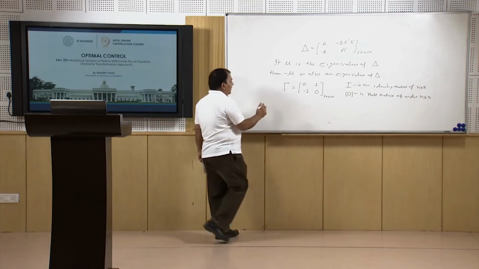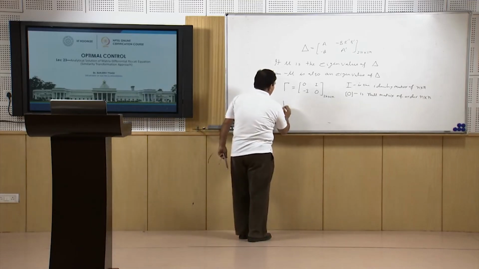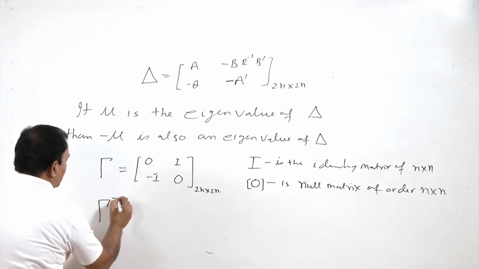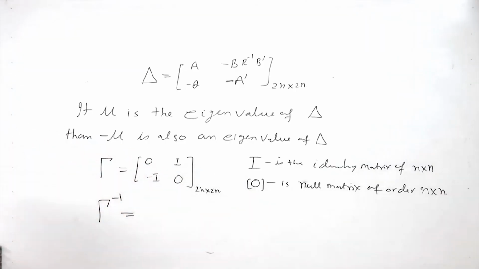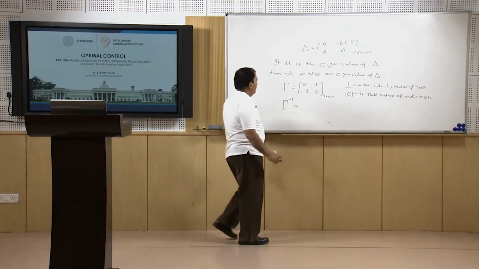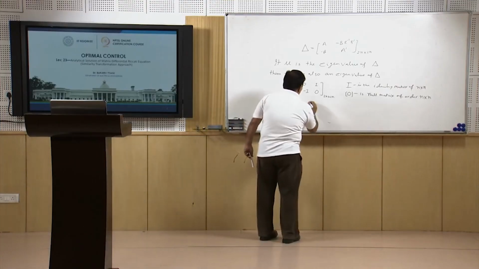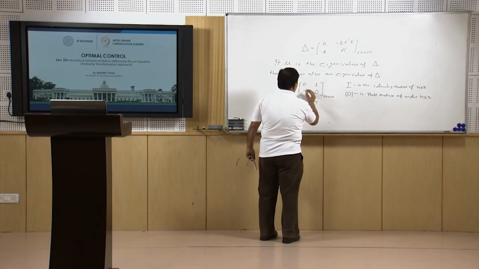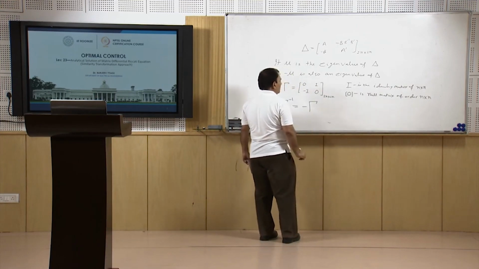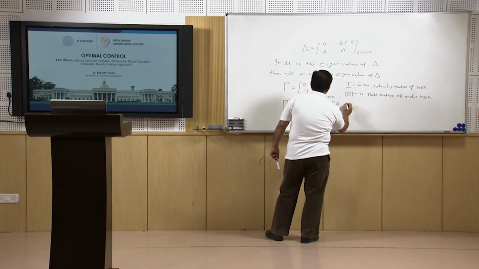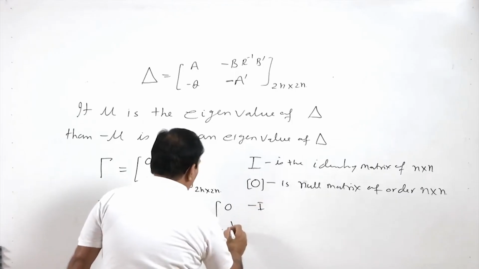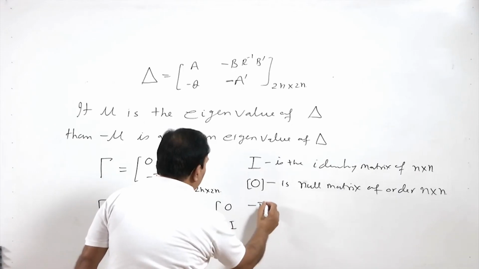The property of tau is, if I take the inverse of this, which I can simply verify, this is nothing but minus times tau. This means this is nothing but [0, −I; I, 0].